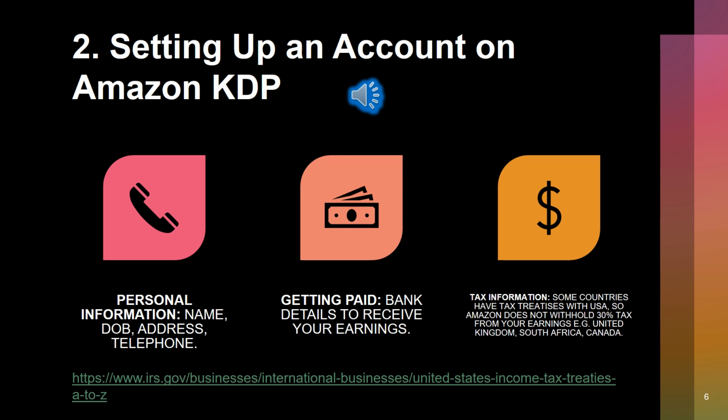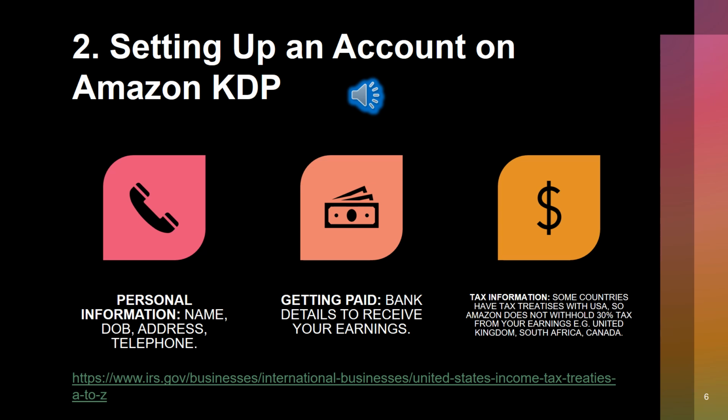So take, for instance, January: Amazon KDP will add up all the sales made in January, and they will pay you at the end of March. That's 60 days.